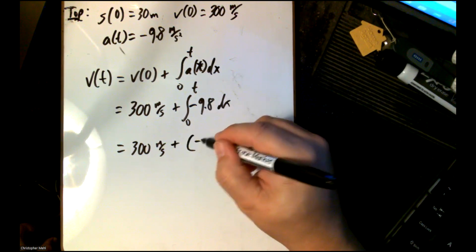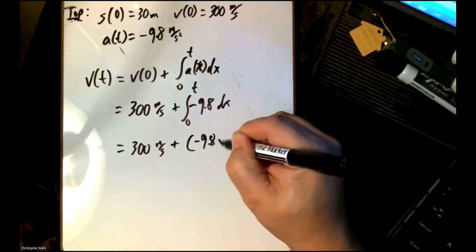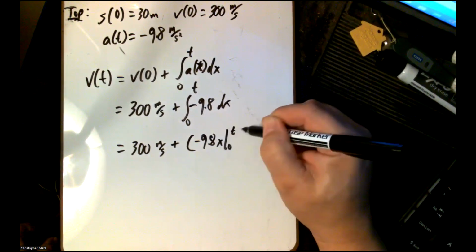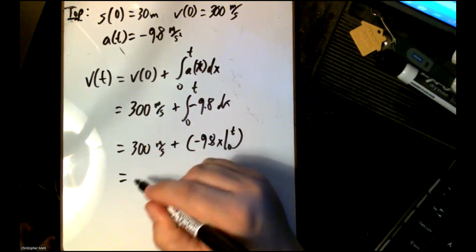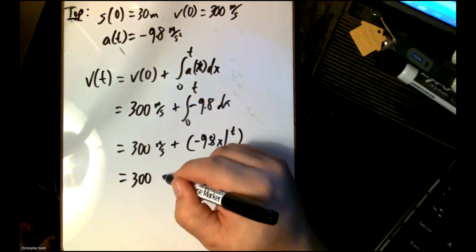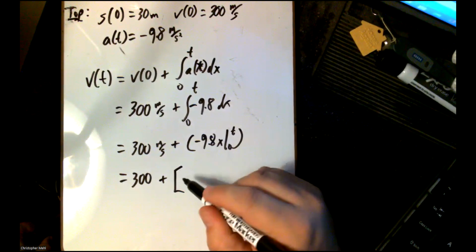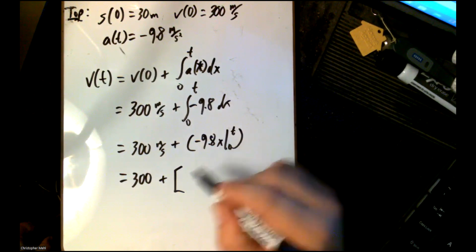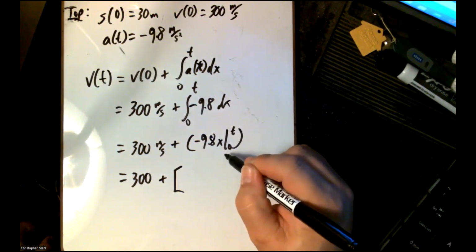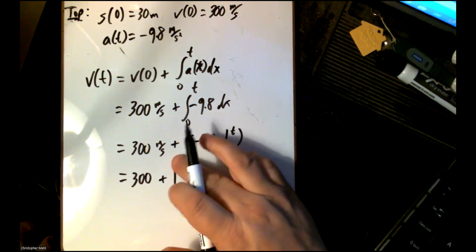So this is going to be negative 9.8 x evaluated between 0 and t, which is negative 9.8 t.